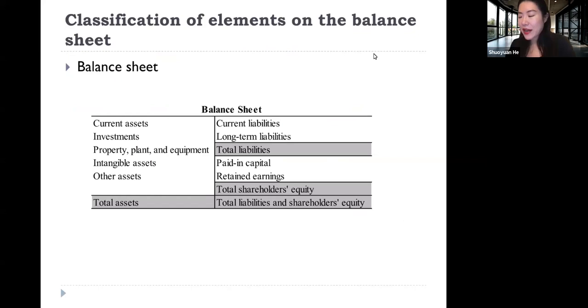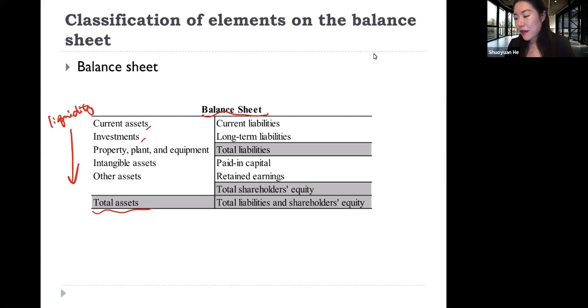So specifically, classification of elements on the balance sheet. On the balance sheet, we classify and arrange items according to the liquidity of those assets. So for example, the left-hand side of the balance sheet is asset, and current asset is usually the most liquid ones.